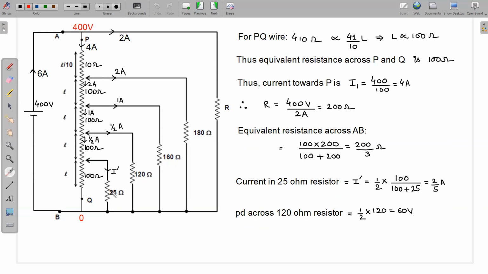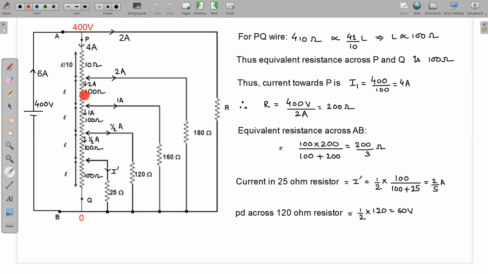Now what is the current through this 25 ohm resistor? You can see that the 4 ampere which was entering through point P will be equally divided in these two parts, because the equivalent resistance over here is 180, and we knew that the equivalent resistance of this entire portion is also 180. So the current will equally divide between these two points, right?